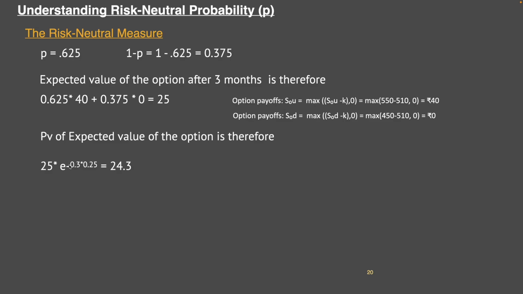So minus 0.3 into 0.25, which is nothing but 24.3. Actually, it is not 0.3, it is 0.1 into 0.25, which is nothing but 24.3. So this 24.3 value, if you remember, it is the same value which we calculated using the arbitrage theory in our previous slide.